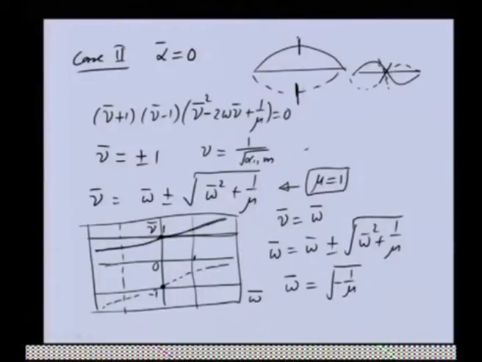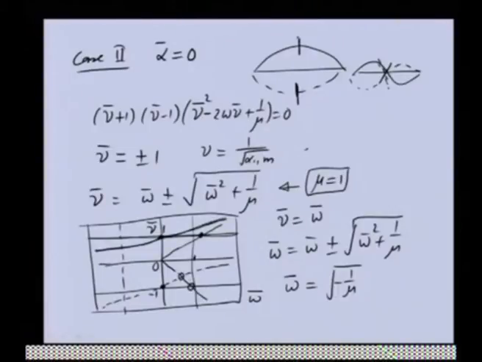So in this particular plot, the line nu is equal to omega, if we draw it, is nothing but a 45 degree line. If we draw this particular line here, it will intersect here, which corresponds to this critical speed. Similarly, if we draw on this side, we will have an intercept here.